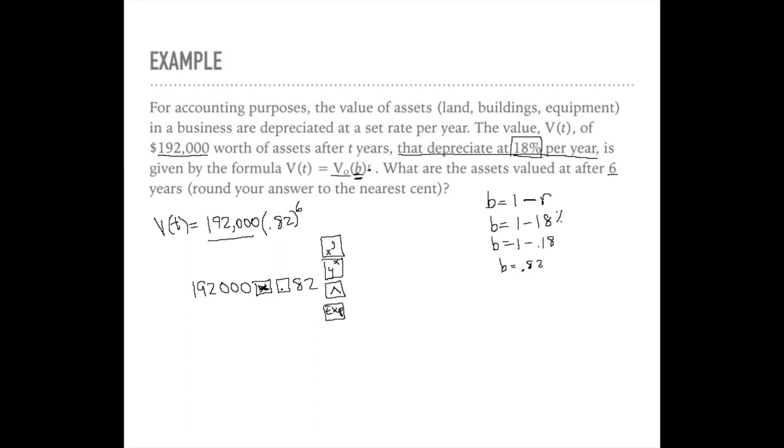What you want to do is 0.82 raised to the 6th power, whichever one your calculator has. If you want to go old school, then multiply by 0.82 6 times. So you would do times 0.82 times 0.82 times 0.82, and then whatever you get will be your answer in this problem. So I'm going to type that in my calculator. Let's see what I get.